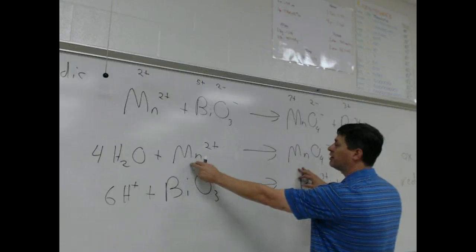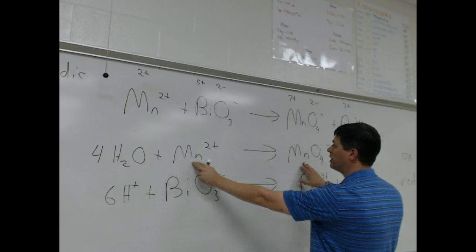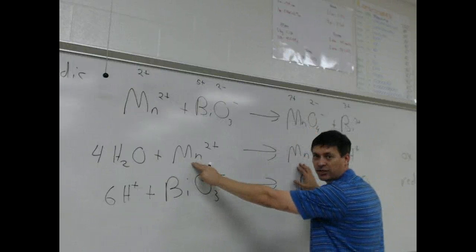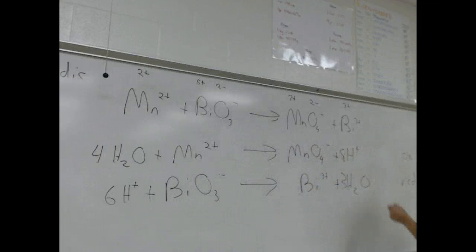This side, the manganese is 2+. This side, it's 7+. It's more positive over here. That means this side has less electrons, so I was right. To balance for electrons, I'm going to add 5 electrons to the product side of my oxidation, plus 5e-.